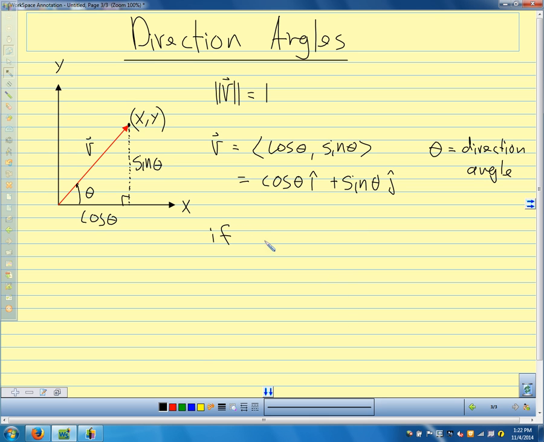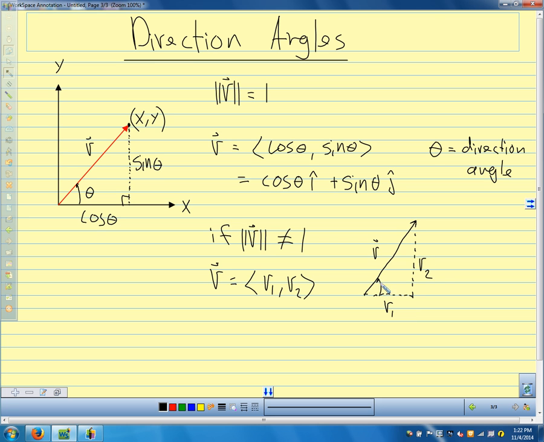If the magnitude of v is not 1, so we don't have a unit vector, what we're talking about here is we have a little triangle. We're going to say that v is the vector v1, v2. So there's v. This side of the triangle is v1. This side is v2.